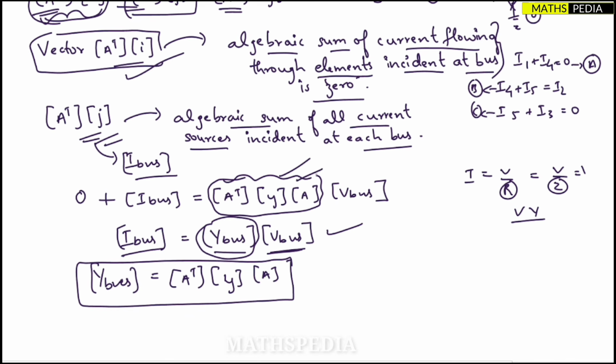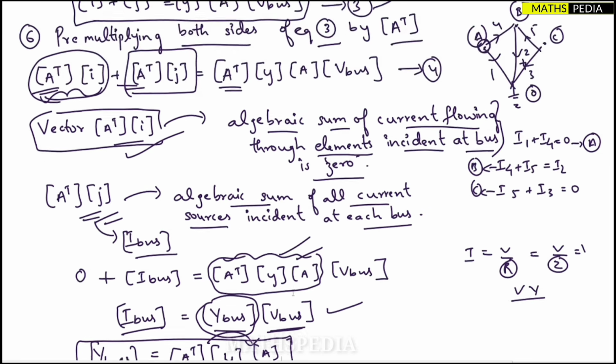So from here we have proved that Y bus is equal to A transpose into Y into A. And one more thing, always remember, A transpose should come in first place only. Don't put it somewhere else. This is the order in which you will be multiplying. Okay, this is the derivation of this thing.